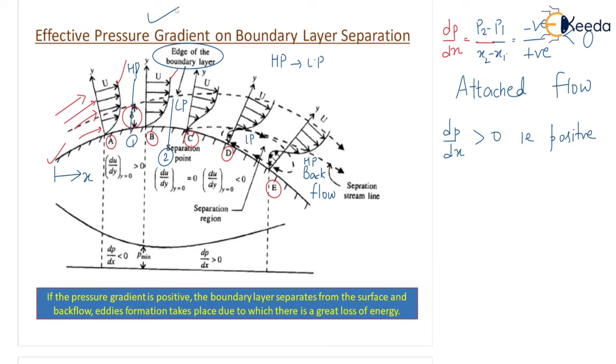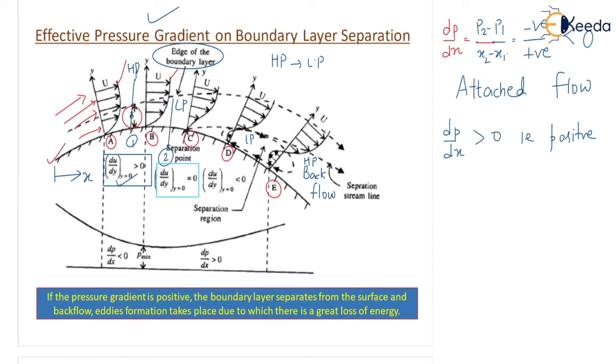In this particular diagram, we're also going to see the value of velocity gradient du by dy. For this type of profile, du by dy is positive here, greater than 0. That is what is mentioned here. Then at the separation point, du by dy equals exactly 0.